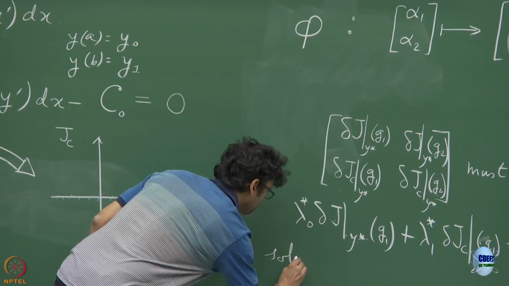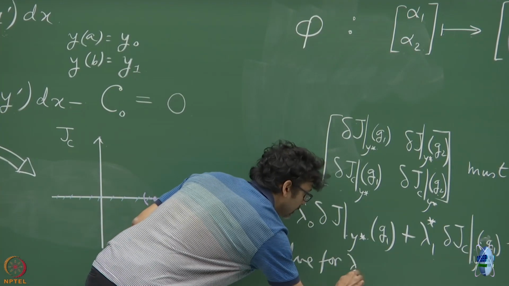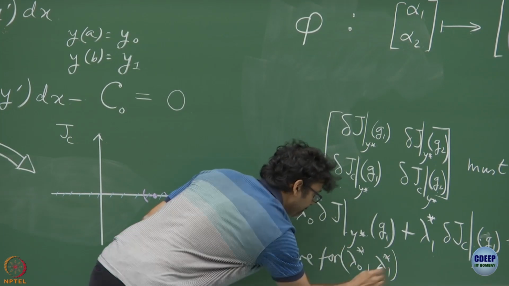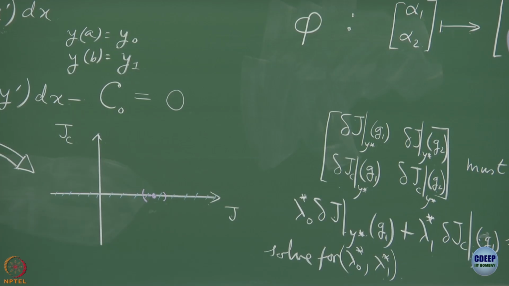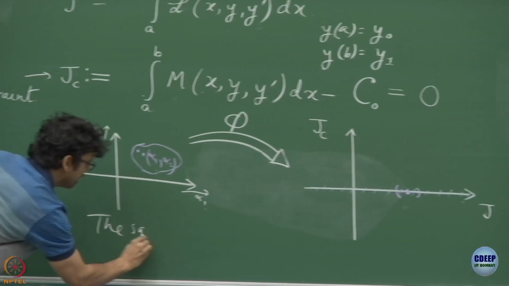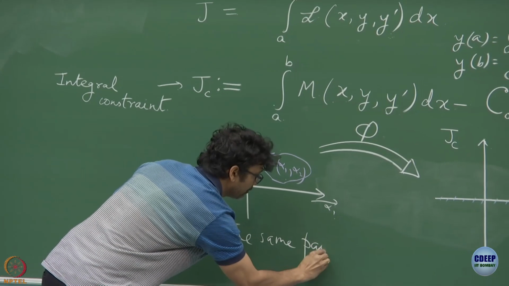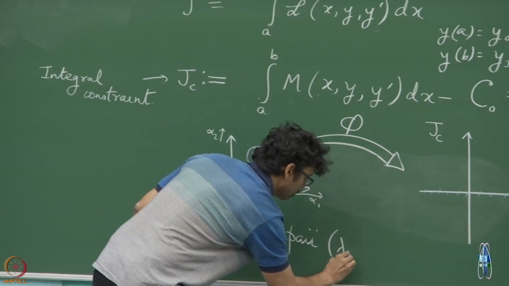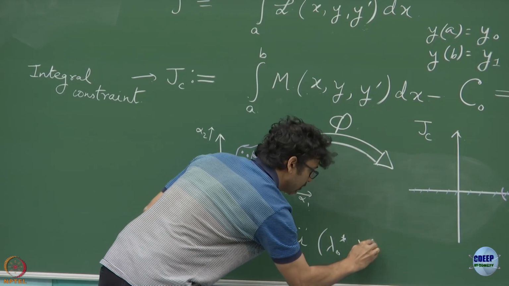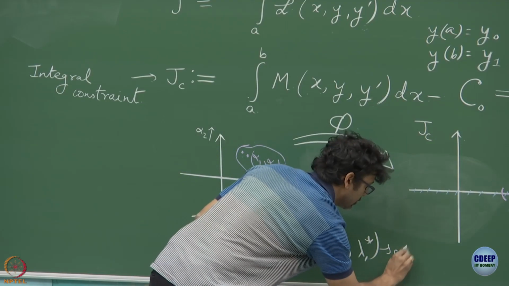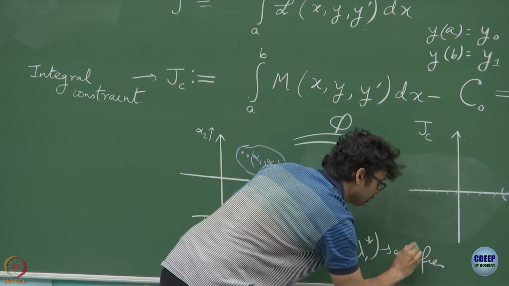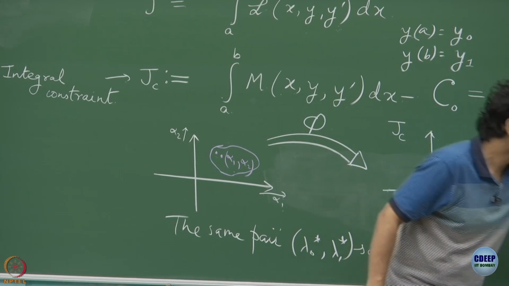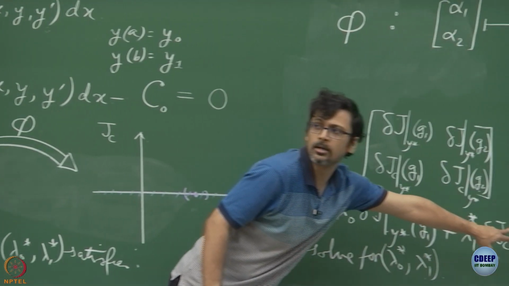So, solve for lambda 0 star, lambda 1 star, and the same pair of lambda 0 star and lambda 1 star satisfies what? I'll just replace the g1 by g2 here.